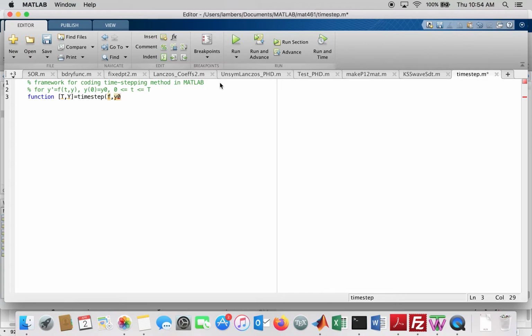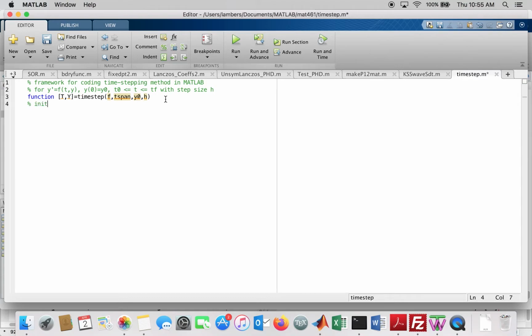Oh, actually, no, I did make it consistent with the homework. So t naught up to t final. So tspan, initial value, and the difference is I'm specifying step size h.